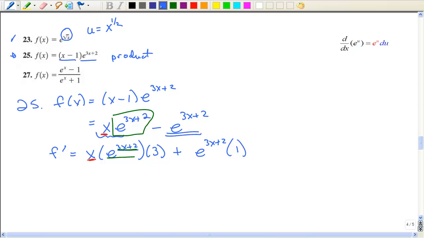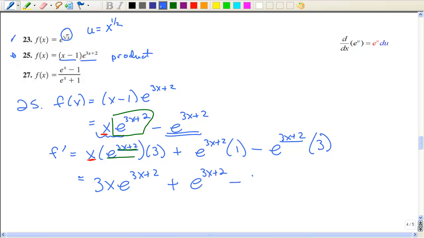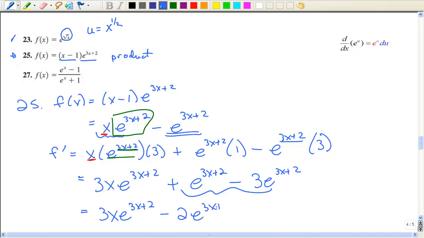All right, then I have to take the derivative of that part, so I'm going to say minus e to the 3x plus 2 times the derivative of the exponent. Putting that together, these are like terms, so I could collect like terms and put it together like that.